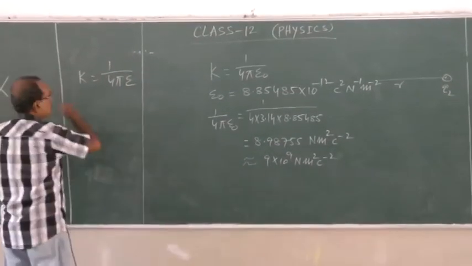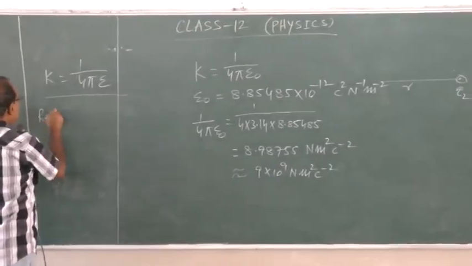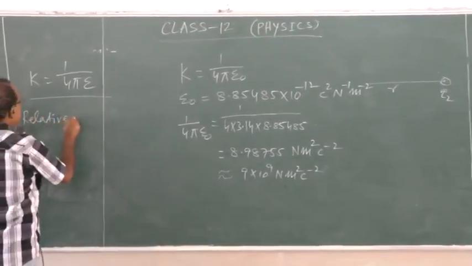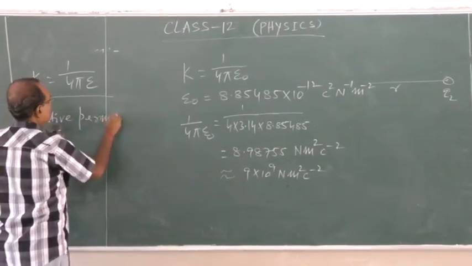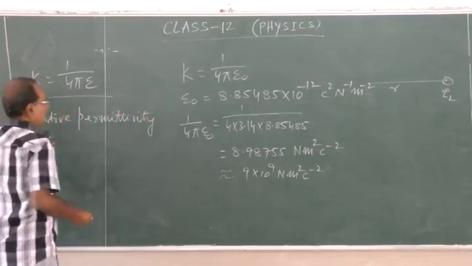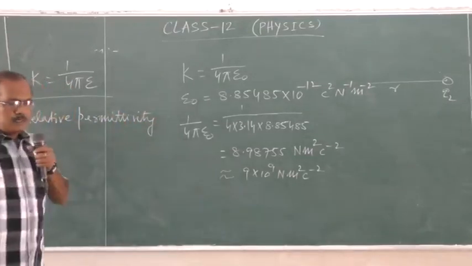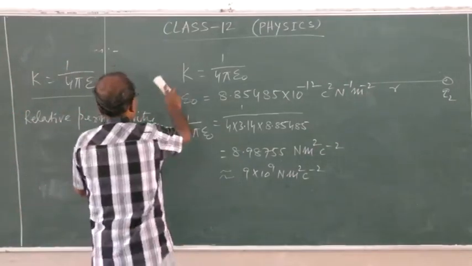Now we are coming to the point, that is relative permittivity. It is denoted by epsilon r.